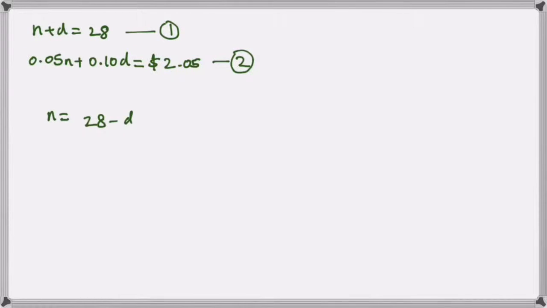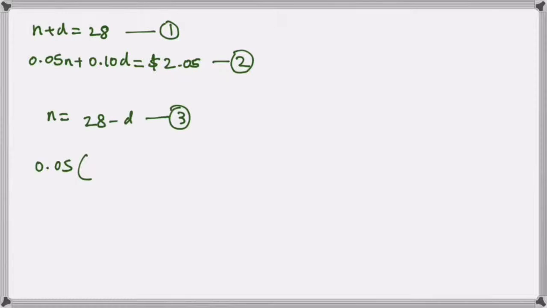So from equation number 1, n equals 28 minus d. Let's call this equation number 3. We can apply the value of n in equation 2, since we have an n here.